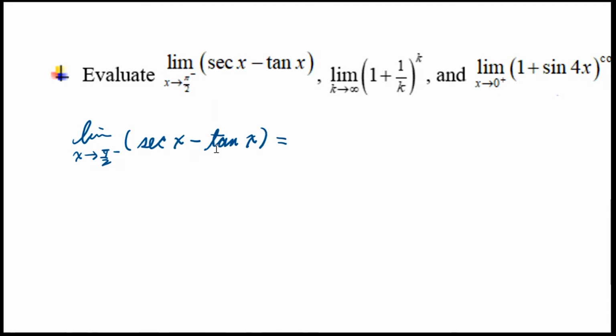So do you see this is an infinity minus infinity situation? Do they cancel and give you 0? No. When this happens, it could turn out to be anything between positive and negative infinity. You just don't know. Can we just use L'Hopital's rule? No, you can't, because this is infinity minus infinity, not infinity over infinity.